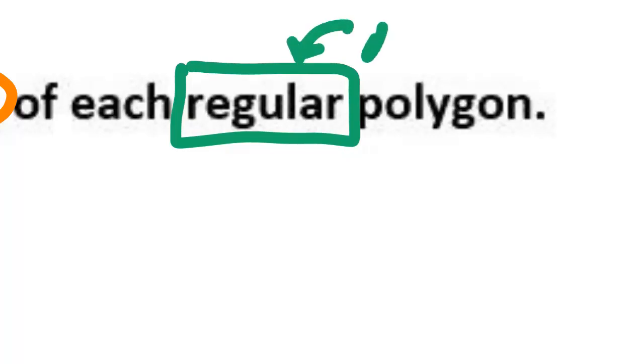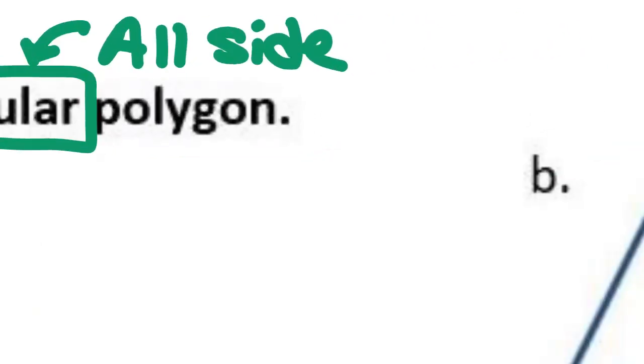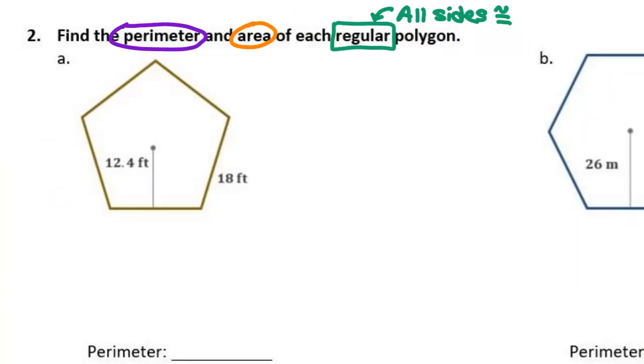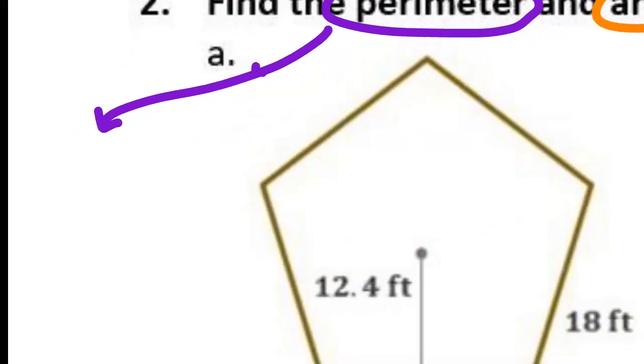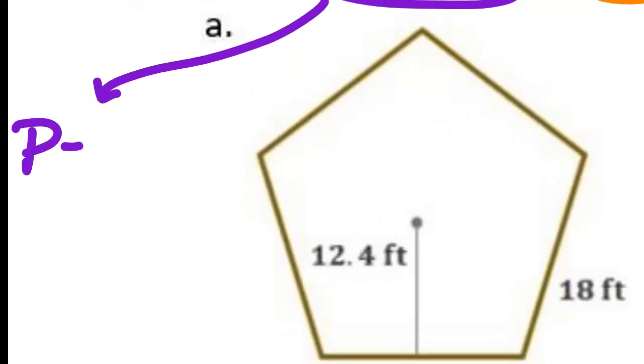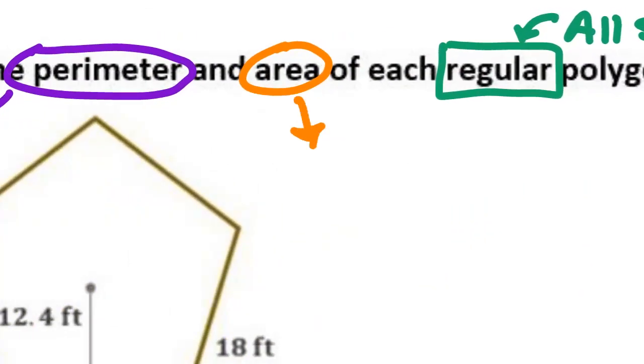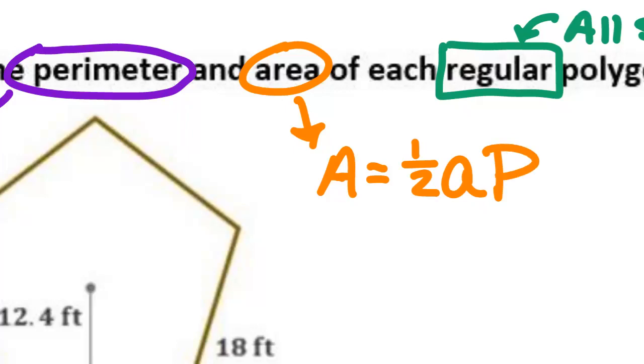Remember, regular polygon means all my sides are congruent and all my angles are also congruent. To find the perimeter, the formula that we wrote down at the top of the page was that the perimeter is equal to the number of sides times the length of one side. The area is 1/2 times the length of the apothem times the perimeter.